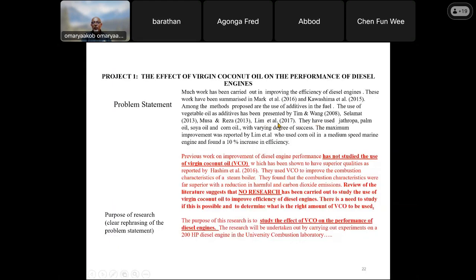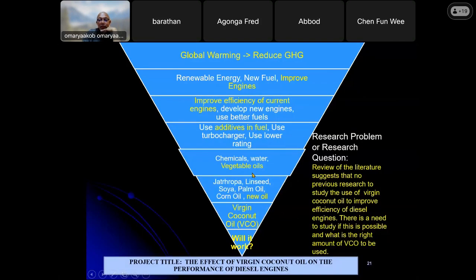And finally Lim 2017. They have used jatropha and so on. The maximum improvement was quoted by Lim, who used corn oil in a medium speed engine, with a 10% increase in efficiency. So corn oil has improved the efficiency.